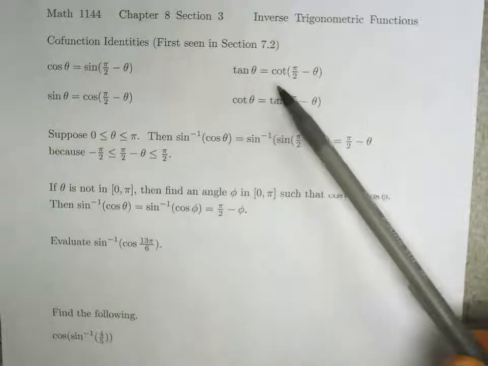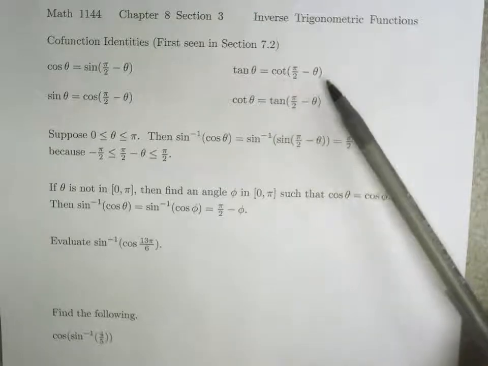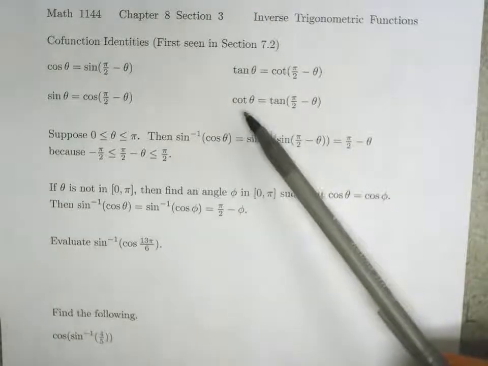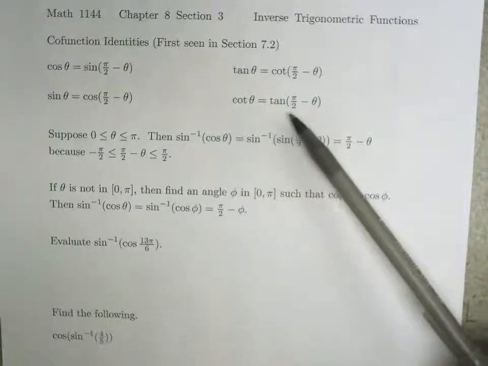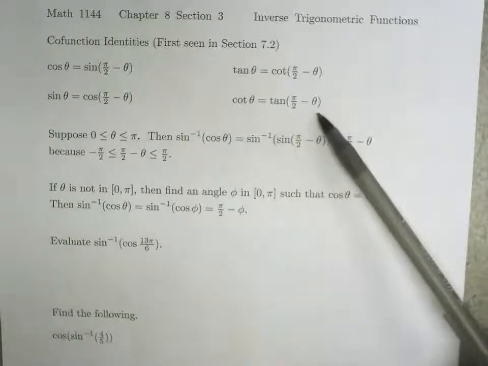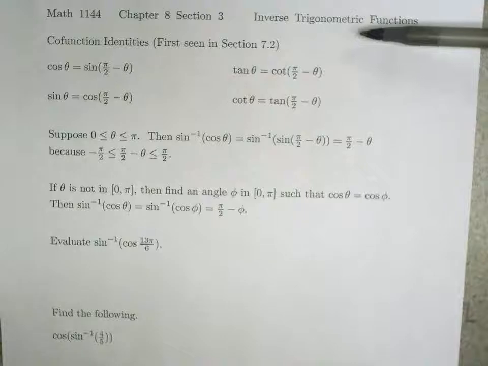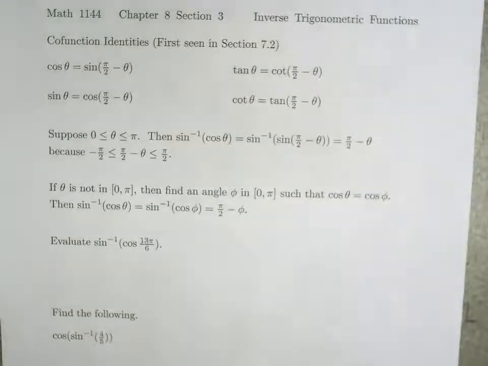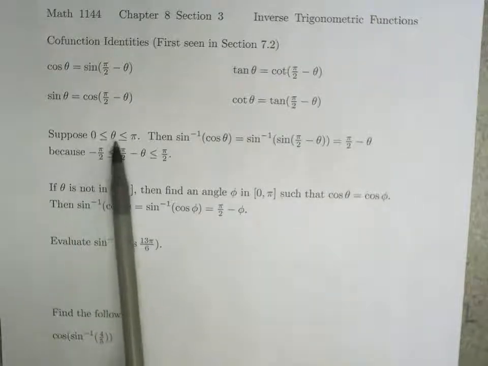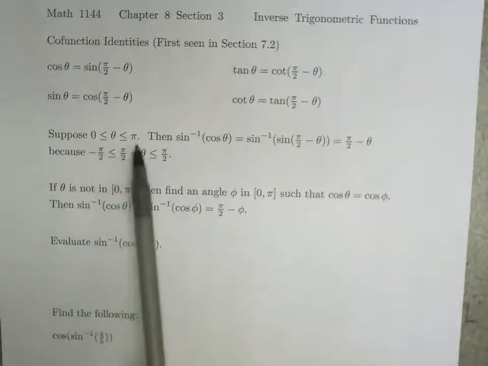Tangent of theta equals cotangent of pi over 2 minus theta, and cotangent of theta equals tangent of pi over 2 minus theta. Okay, so those are things that we already learned. These are very useful to remember, those cofunction identities. So suppose we have an angle theta that's between 0 and pi.